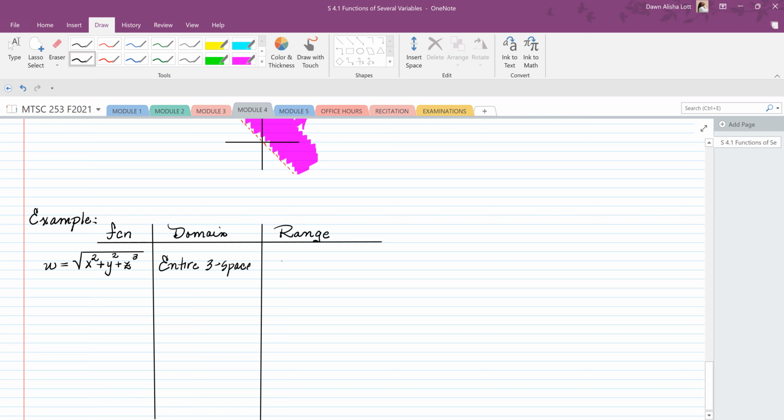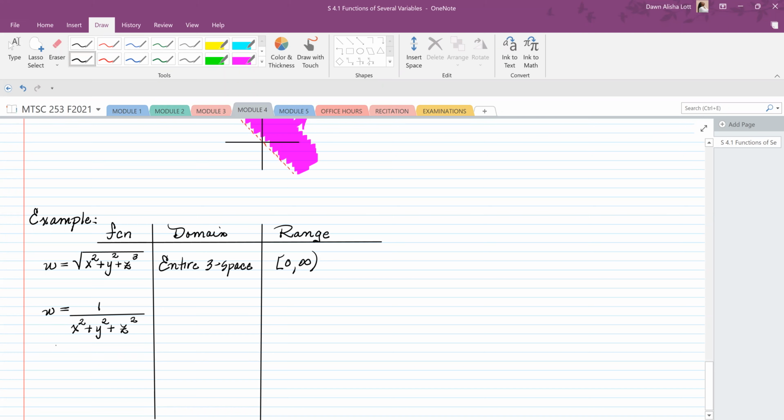But the only thing that comes out are positive numbers or 0. Okay. W is equal to 1 over x squared plus y squared plus z squared.